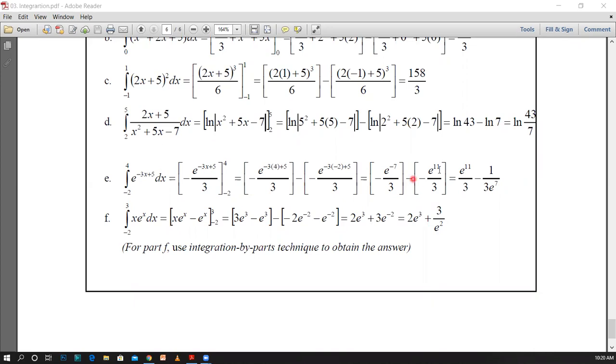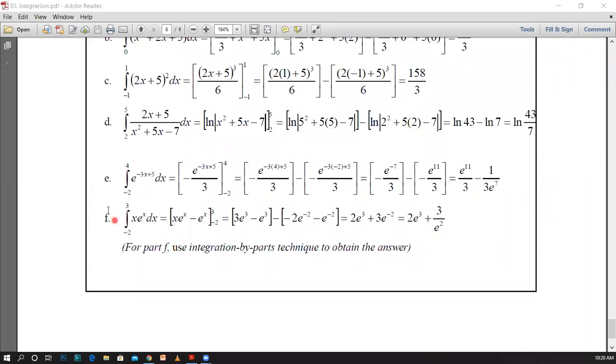Then, once you substitute the lower limit, I end up with minus e to the power 11 divided by 3. With the appropriate calculation for these signs and quantities, the result is e to the power 11 divided by 3 minus 1 over 3 times e to the power 7. This is what I have obtained.